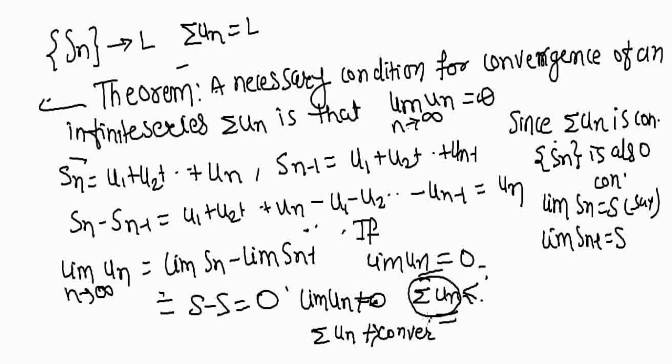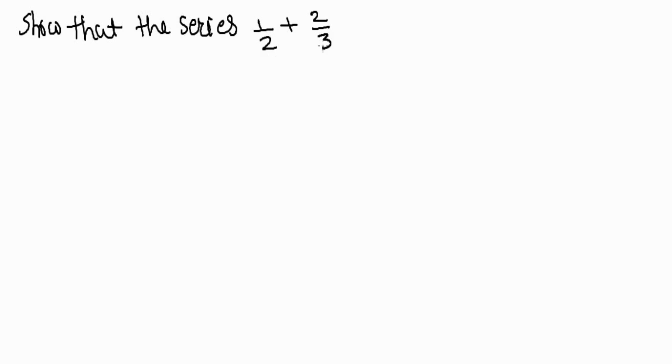So let us see how this theorem works using a few examples. Let us take an example: show that the series 1 by 2 plus 2 by 3 plus 3 by 4 plus so on is not convergent.